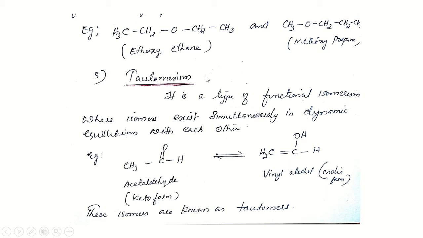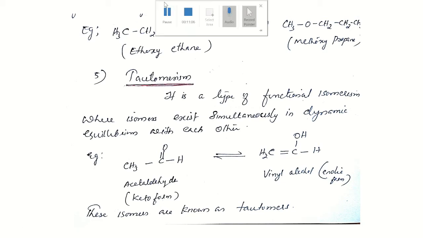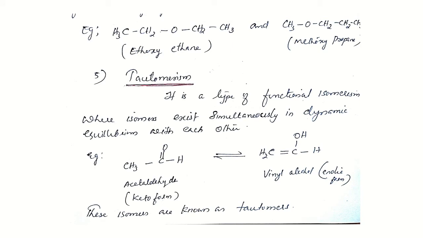And the fifth one is tautomerism. Tautomerism is the isomerism that arises due to the existence of a simultaneous dynamic equilibrium with each other. And the isomers which are present in equilibrium with each other are known as tautomers.